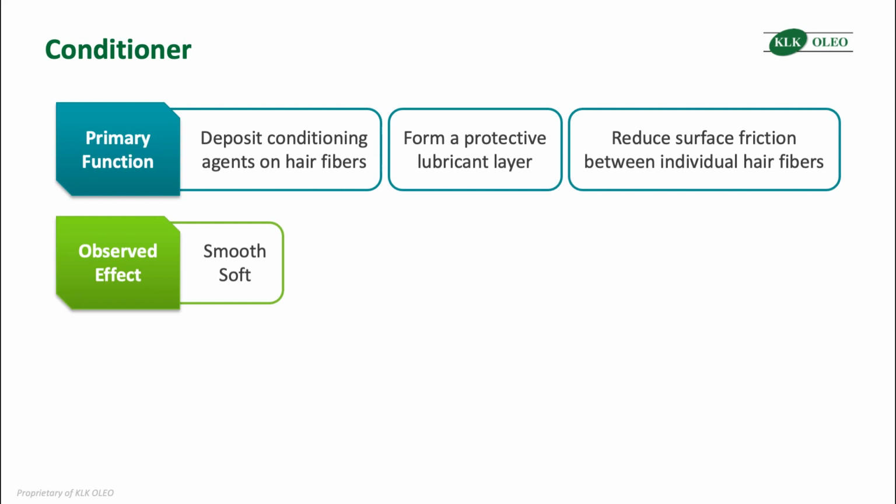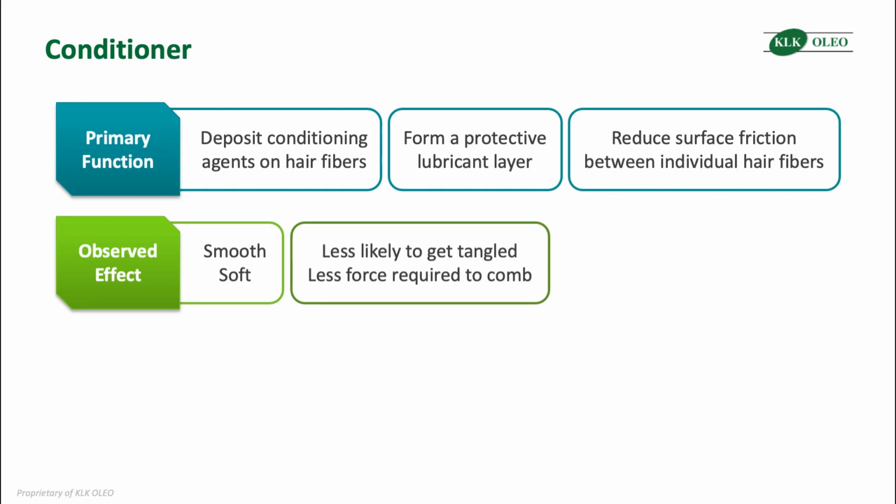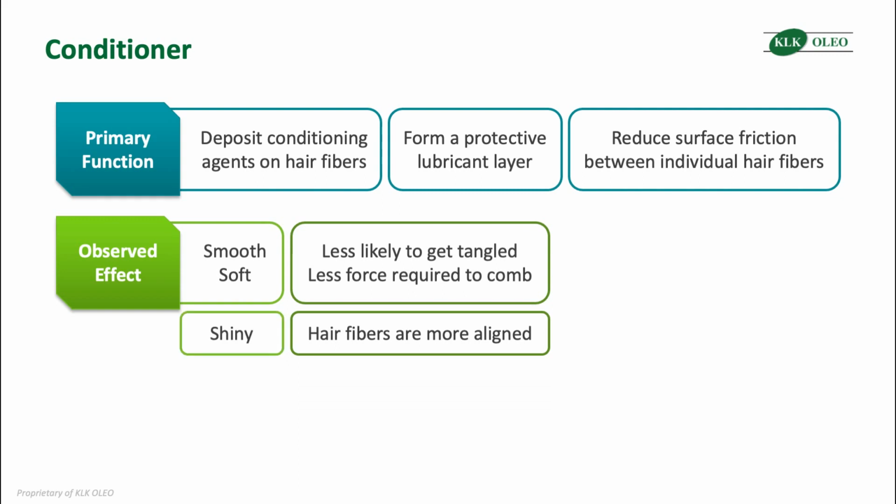The observed effects are the hair will feel smoother and softer. Because the hair is smoother and softer, it is less likely to get tangled and less force is required to comb. If it's easier to comb, then the individual hair fibers are more likely to be aligned. Aligned surfaces reflect light better, so the hair will also look shinier.